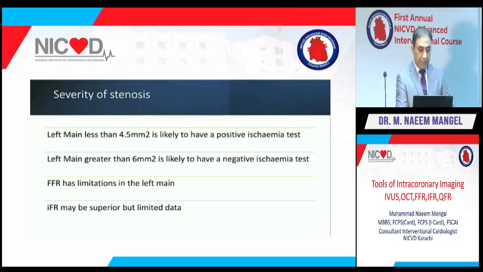In terms of severity of stenosis, if you go for the left main, an area of less than 4.5 is likely to have positive ischemia. And an area of 6 millimeters squared and more, you can say with surety, is FFR negative and ischemia negative.